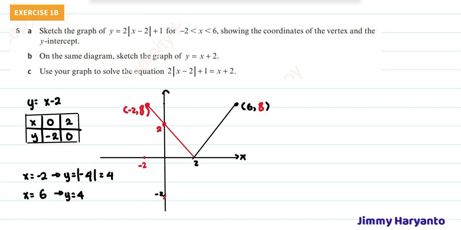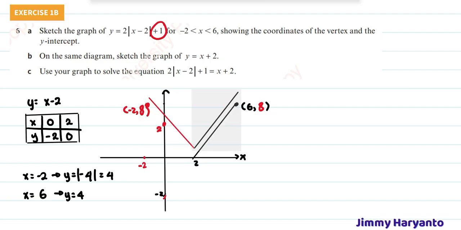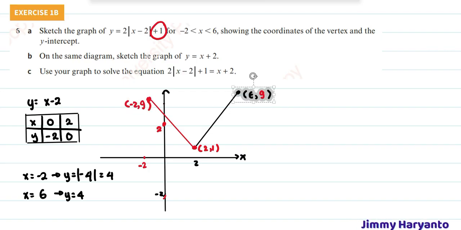And then plus 1 means you have to shift your graph 1 unit upwards, like that. So this point will be 2, 1, this point will become 6, 9 and negative 2, 9 because you shift it 1 unit up, like this.